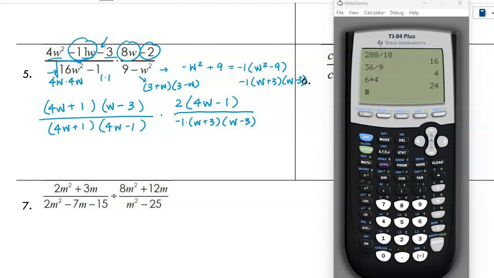Okay, we can make it into one fraction and multiply. Okay, let's see if anything cancels out. That cancels out. That cancels out. Remember, these turn into 1.